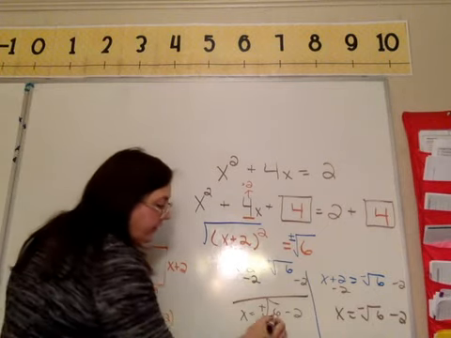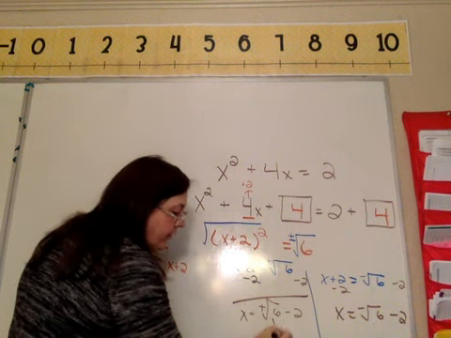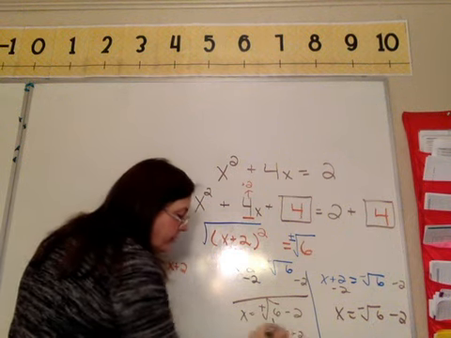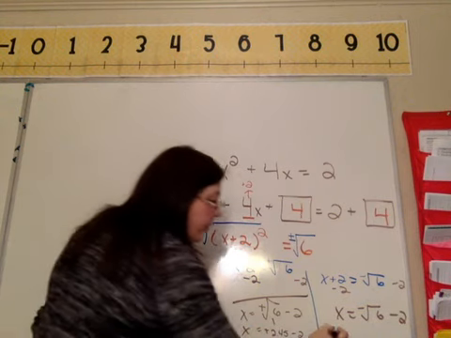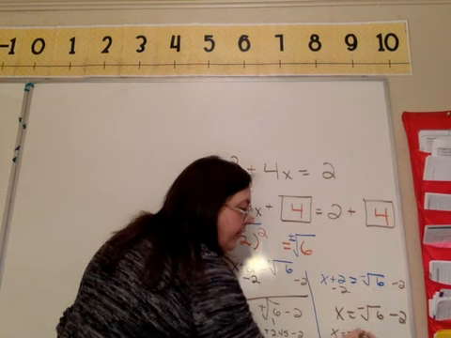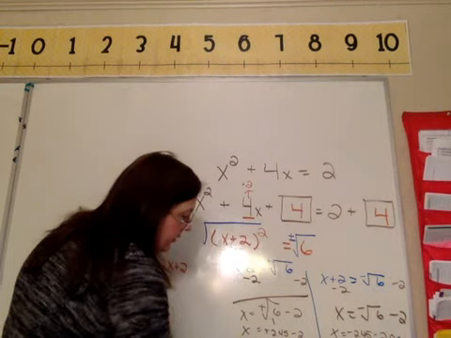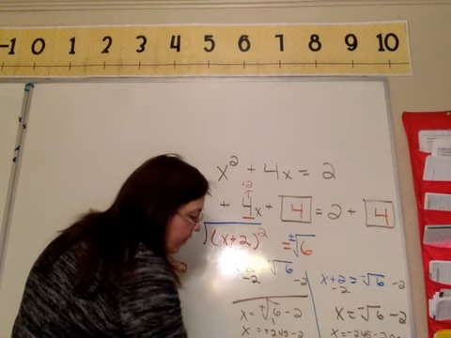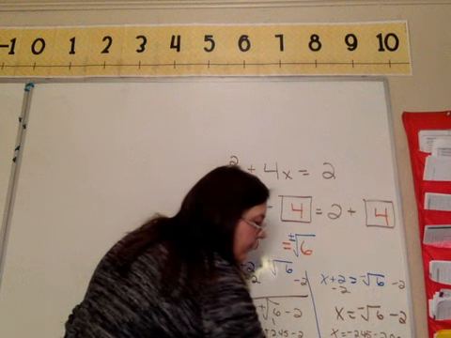So this would equal plus 2.45 minus 2, if it told you to estimate, or it could be equals a negative 2.45 minus 2 on that side. So that would be x equals 0.45 or x equals negative 4.45.